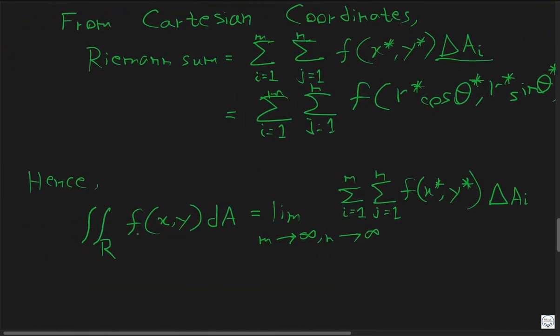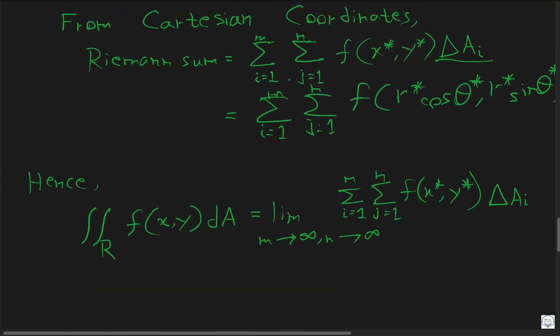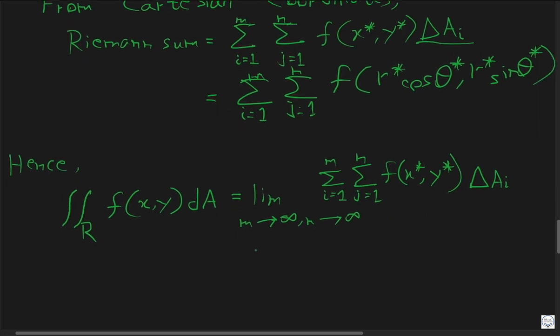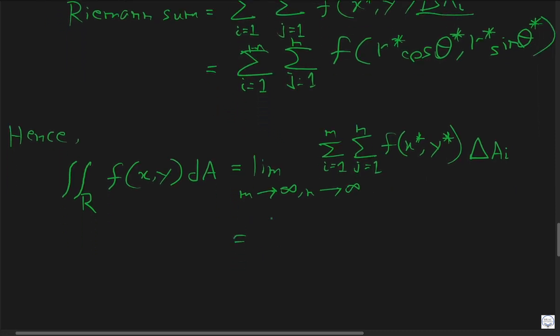Now what we do is find the double integral. The double integral is the limit where m and n both go to infinity. We know this from the first lecture in this series. So now all we need to do is just substitute in what we just found.